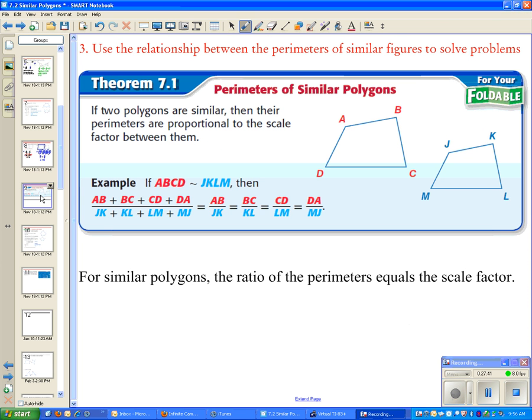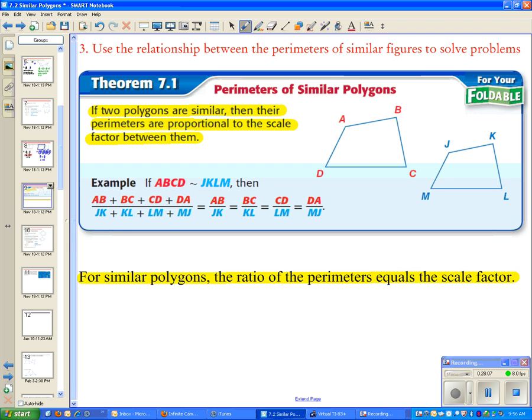All right, last learning target. Use the relationship between the perimeters of similar figures to solve problems. If 2 polygons are similar, then their perimeters are proportional to the scale factor between them. I write it this way. For similar polygons, the ratio of the perimeters equals the scale factor.